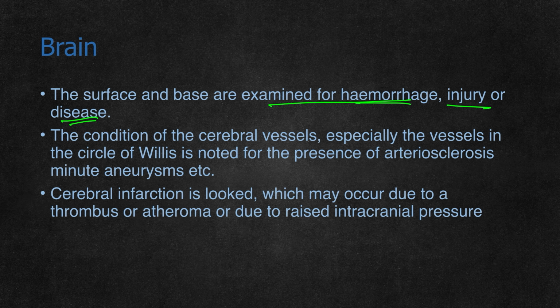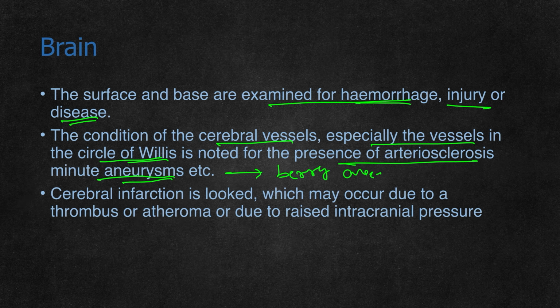After completely removing the brain, at the base of the skull, any hemorrhages or fractures present have to be noted. The condition of the cerebral vessels, especially the vessels in the circle of Willis, is noted for the presence of arteriosclerosis, minute aneurysms, etc. Berry aneurysms are commonly present in the circle of Willis and have to be looked for.